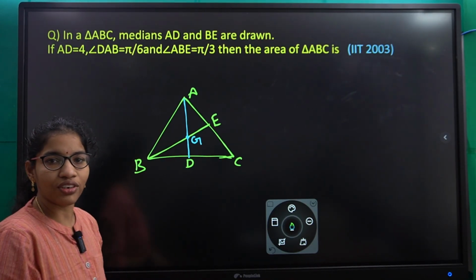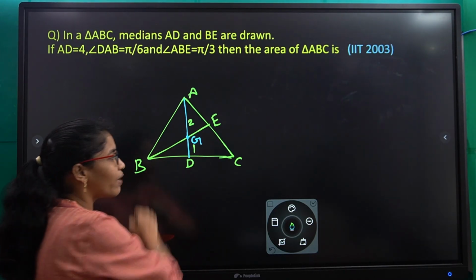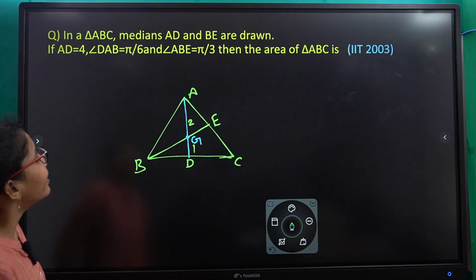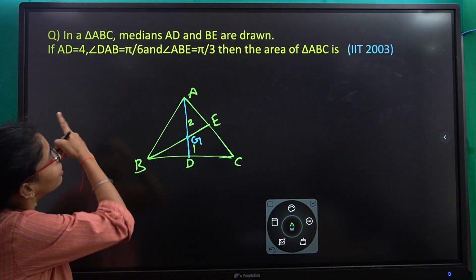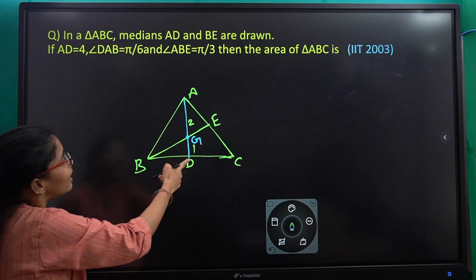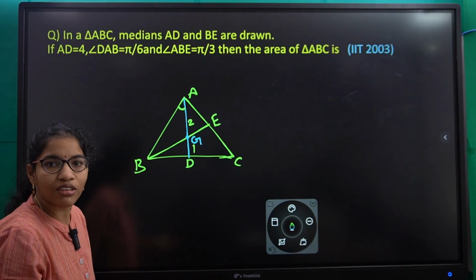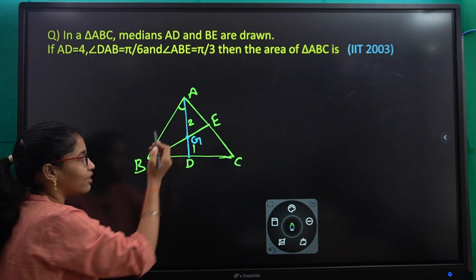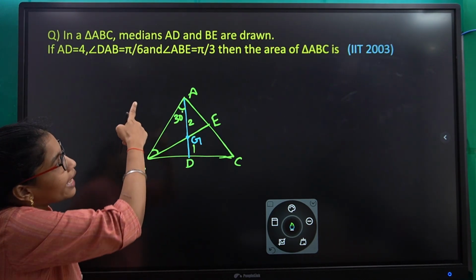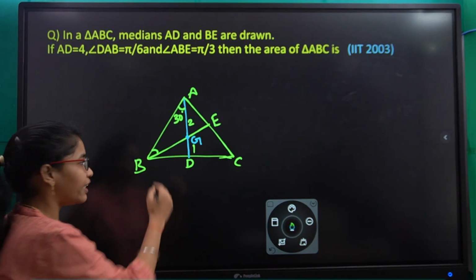Already we have the relation, the centroid divides the median in the 2:1 ratio. This is 2 parts, this is 1 part, right? Now one more thing they have given here, AD is how much? 4 units, right? And DAB, where is DAB? Here. How much angle is it? Pi by 6. Pi by 6 means in degrees? 30 degrees, right? What about this angle? ABE, pi by 3, which is 60 degrees.